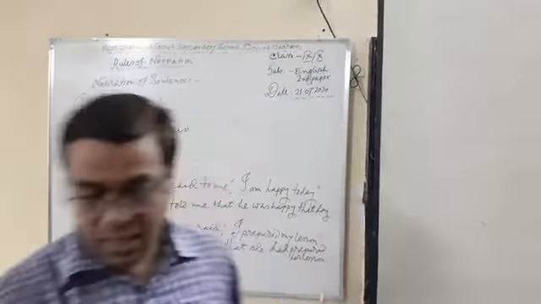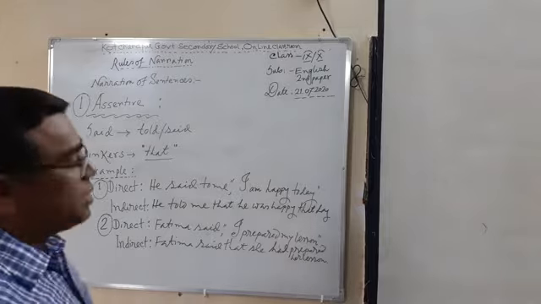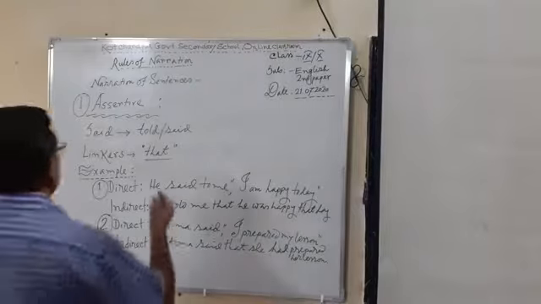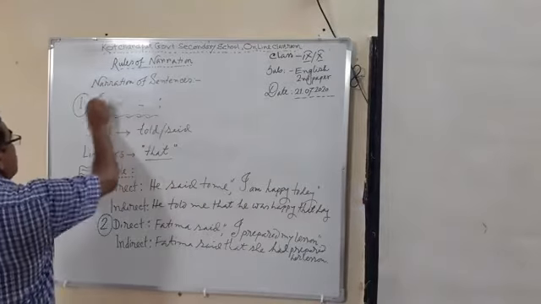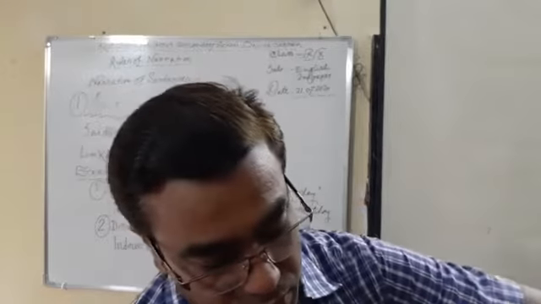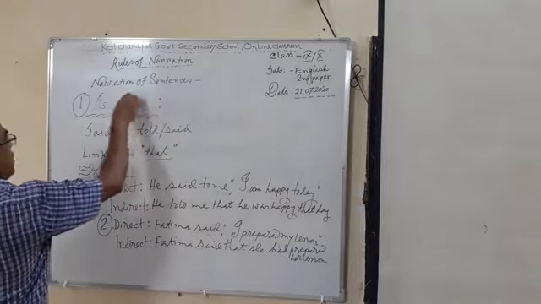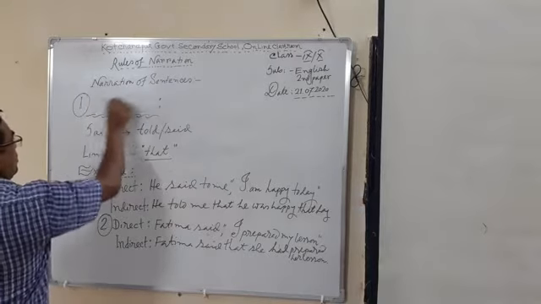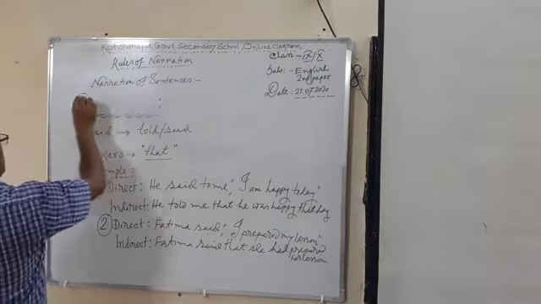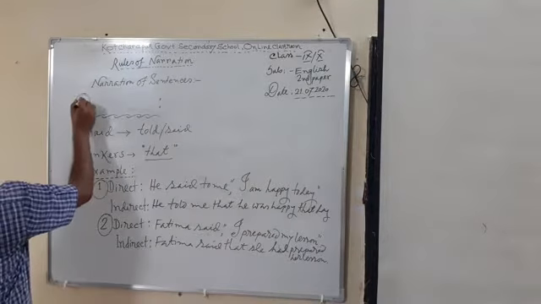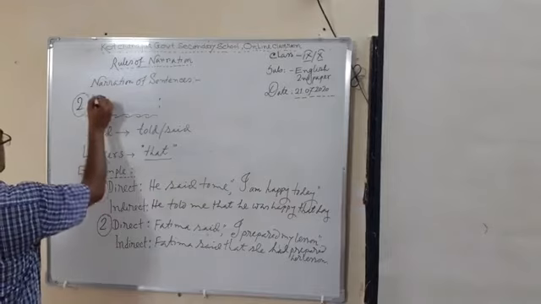Then, the interrogative sentence. How can we change an interrogative sentence from direct to indirect speech? Number two, interrogative sentence. We have to know the clear concept of the interrogative sentence.